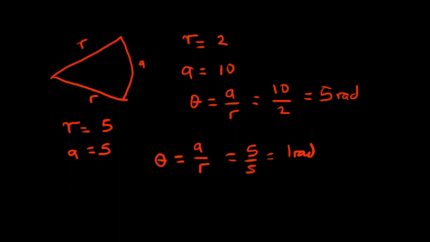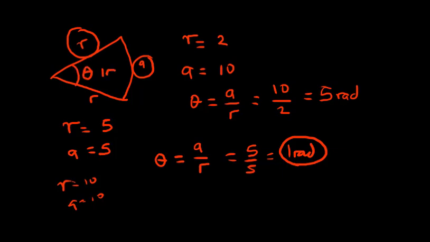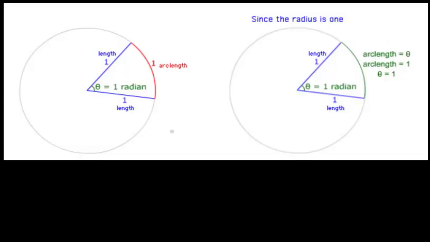You can have any values. If R was 10 and A was 10, it's going to give us 1 rad. The basic principle is that when the arc length is equal to the radius, we have 1 rad. To illustrate this, if this arc length is equal to this radius, then we're going to have 1 radian.